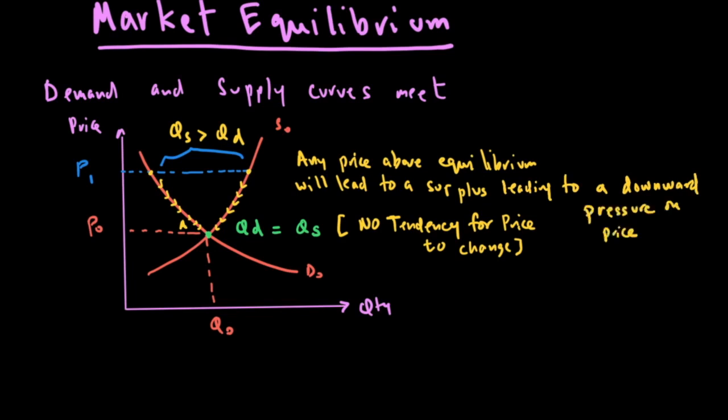So let's now see what happens when the price is not P naught but below equilibrium.